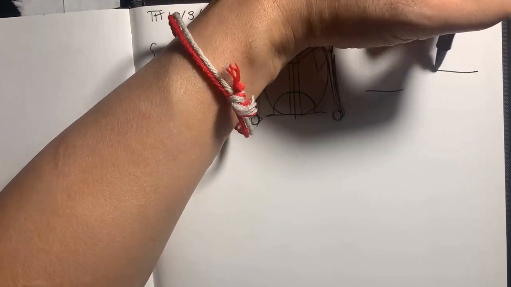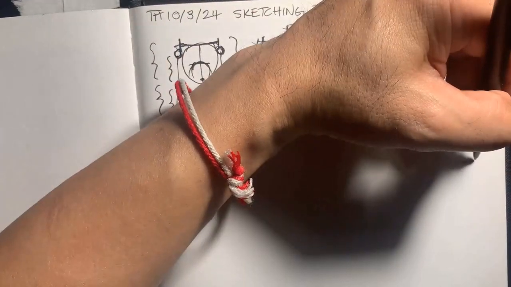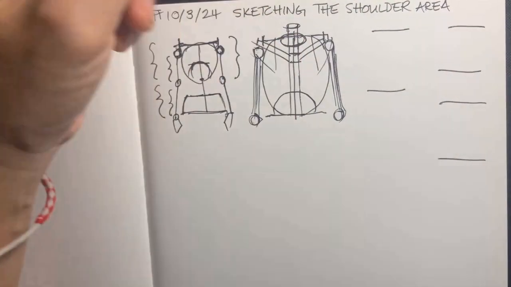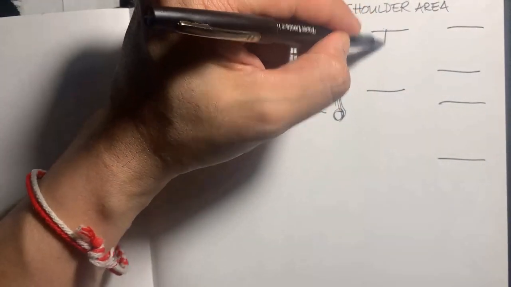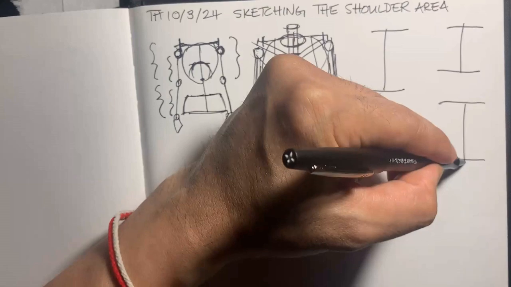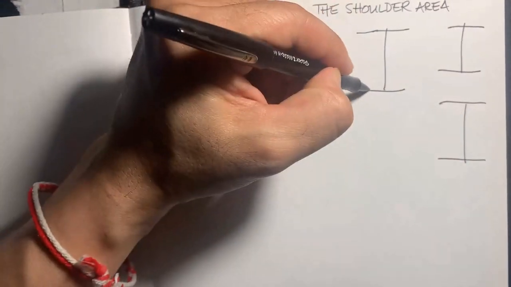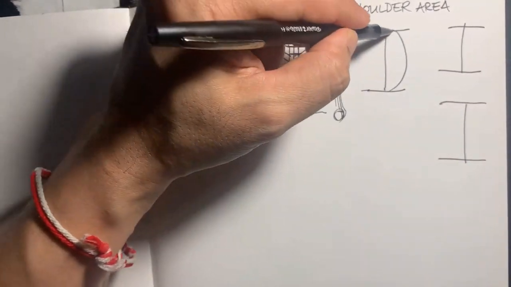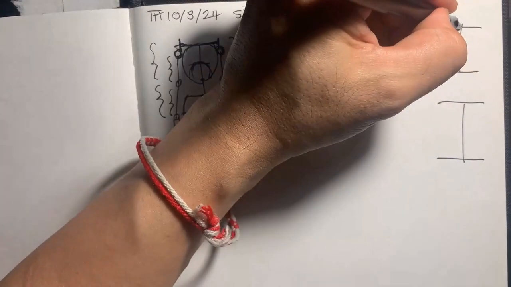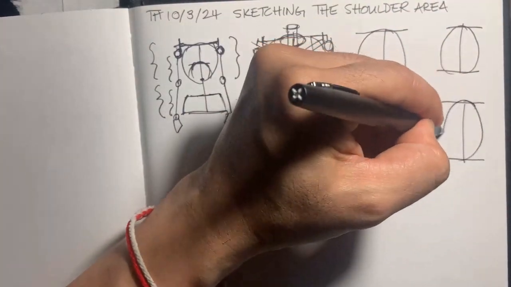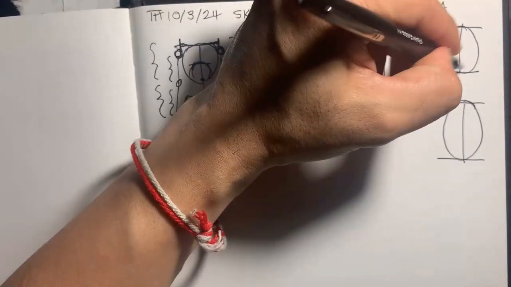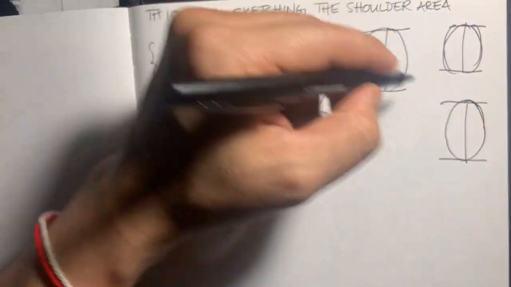Part of why I like to do this is to test the proportions. So for example, if we say that's going to be the rib cage, I want to make sure that it actually works.